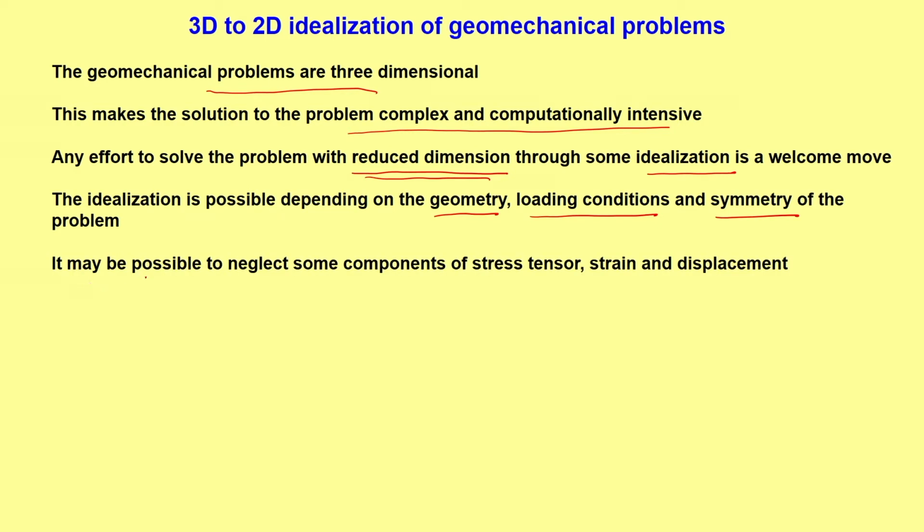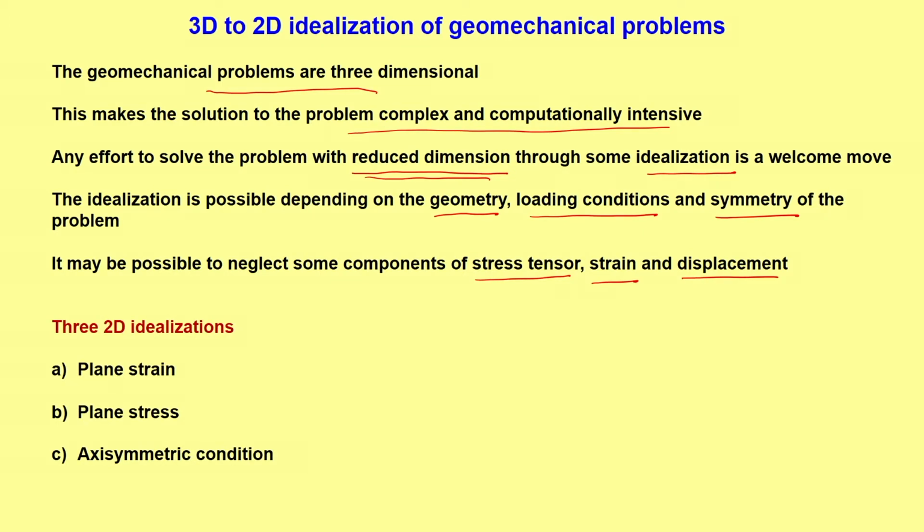How is it done? It may be possible to neglect some components of stress, strain and/or displacement. So, essentially the 2D idealizations which are considered in geomechanical problems are plane strain, plane stress and axisymmetric condition.